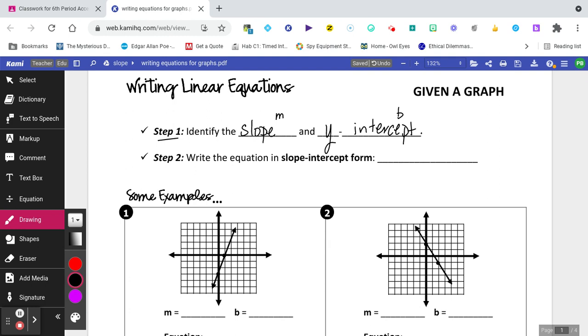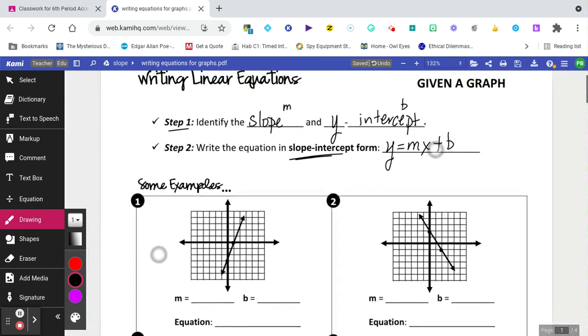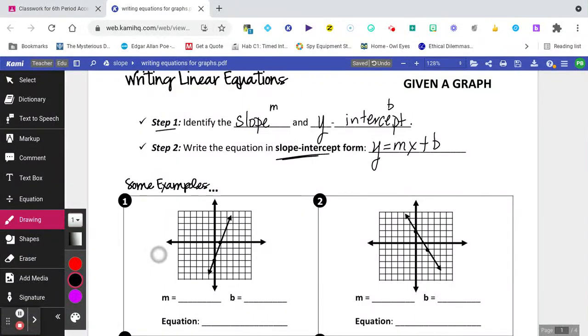Always when given a graph, you never have to worry about point-slope form. And you're gonna write your equation in y equals mx plus b form, like I said. Always. All right, so to identify the slope when you're given a graph, you're going to use rise over run from one point to another.